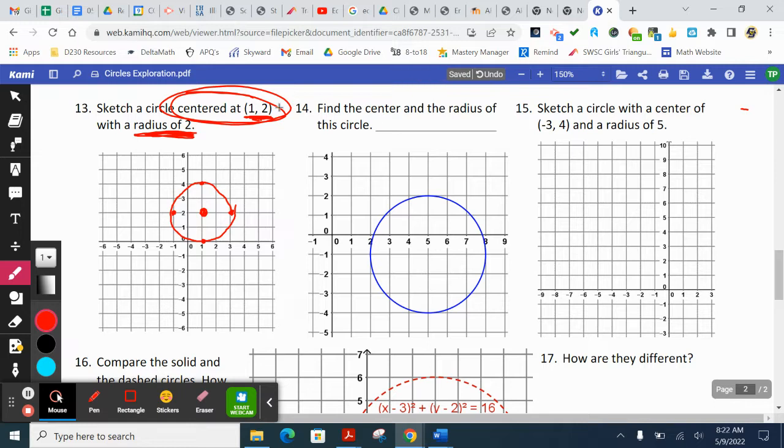All right, 14. Do that one. Find the center and radius of that circle. So tell me the center and then the radius.